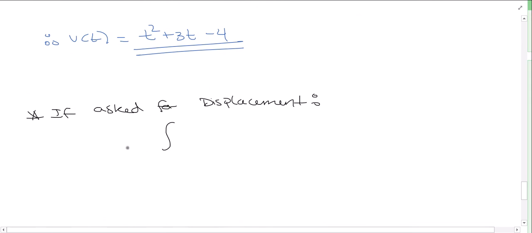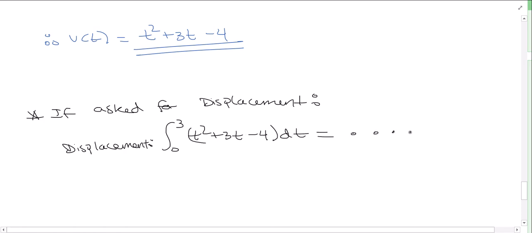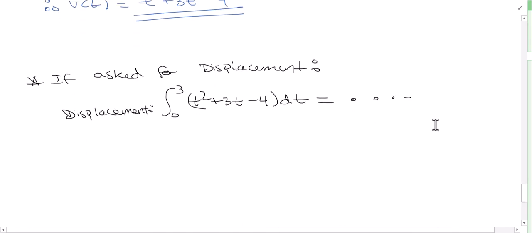The displacement will just be the integral from 0 to 3 of the velocity function, t squared plus 3t minus 4 dt, and then you would solve that. Whatever numerical value you get there, that's your displacement.